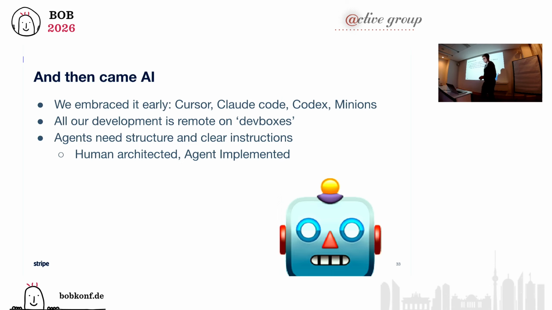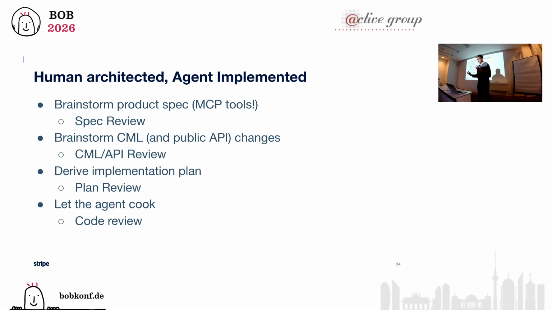So we basically have this process now, where the first step is to brainstorm the product spec. We have a very nice integration with a lot of our internal systems, where the agent can pull from documentation, read code and so forth. So we brainstorm with the agent and a human in the loop on what we are actually trying to build, and then we get a spec out of that.